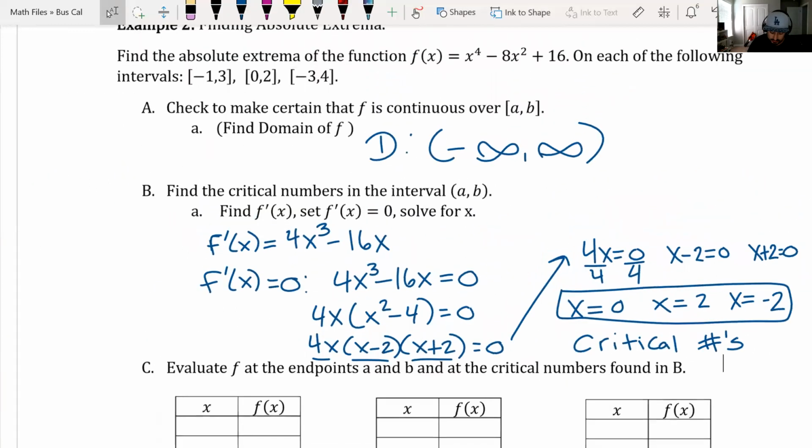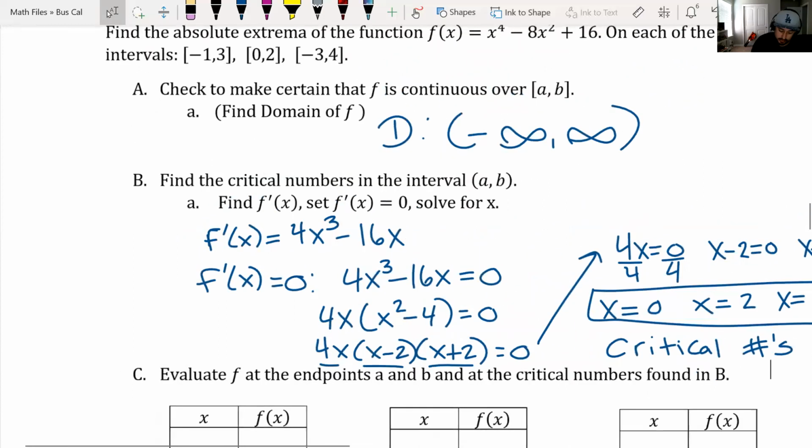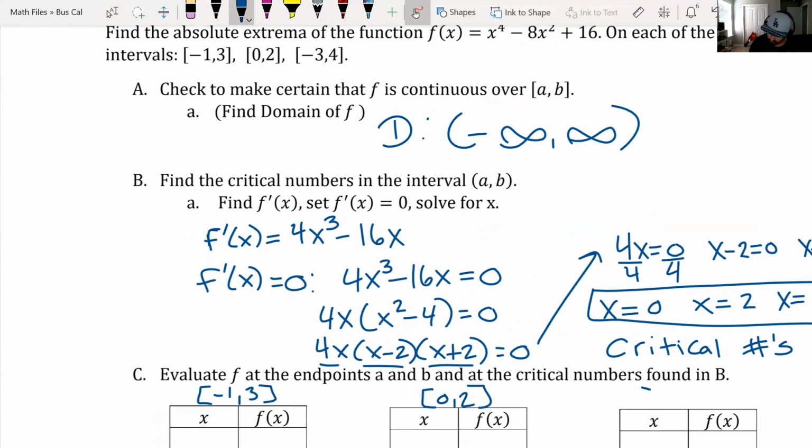Now we want to test them in the intervals. So I'm going to write my intervals here: -1 to 3, 0 to 2, -3 to 4.